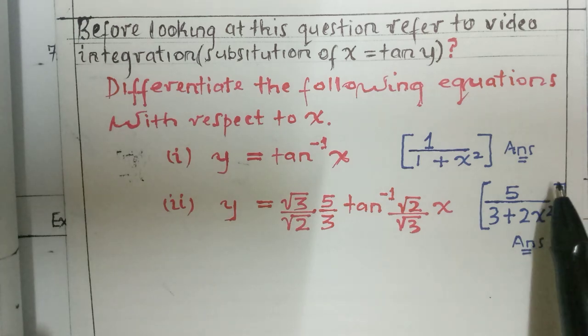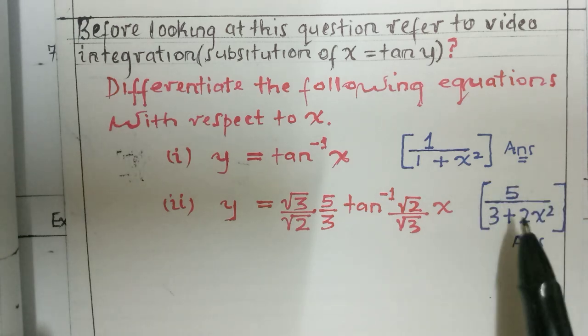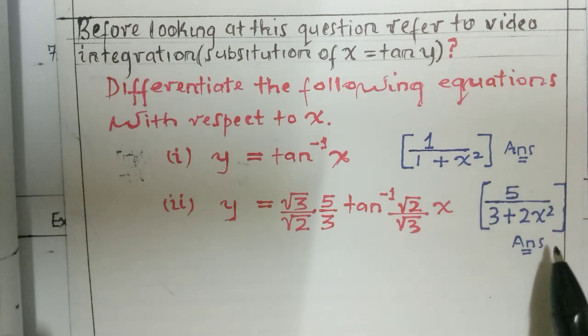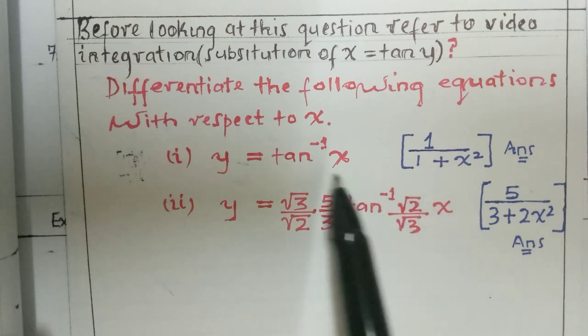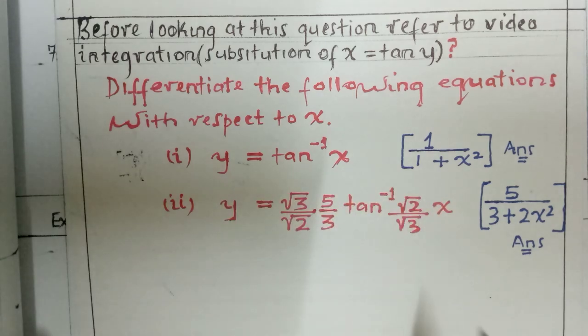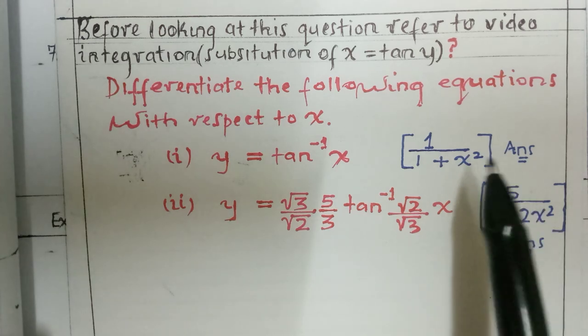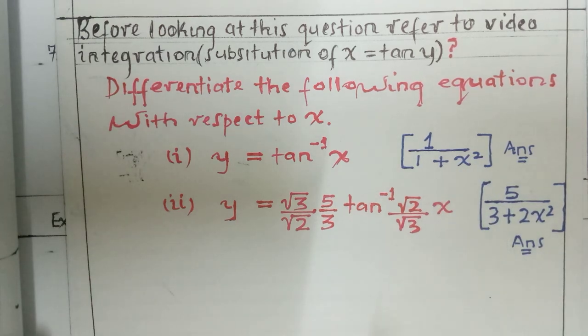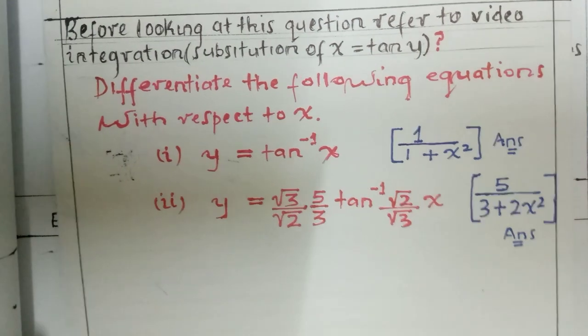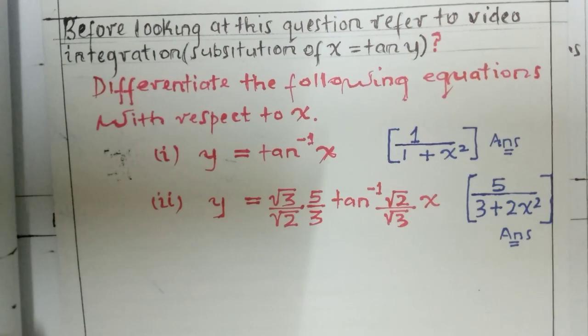And we were able also to find the integral of 5 over 3 plus 2x squared, and we saw our result as this. So today I want to see whether, if we now differentiate, we are going to see the same results. And so guys, we start our lesson today.